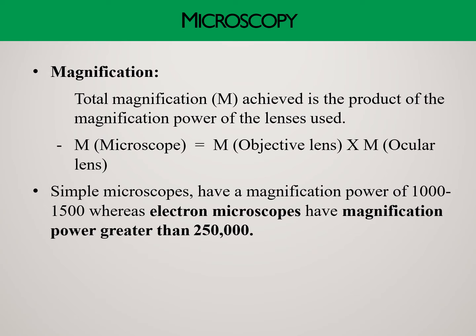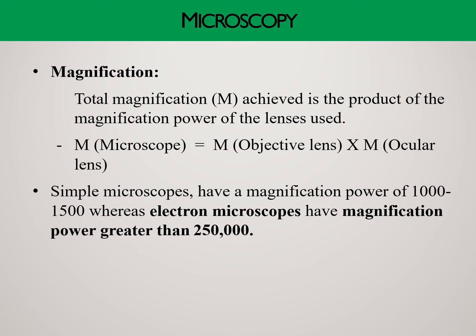Total magnification is the magnification power of the objective lens multiplied by the magnification power of the ocular lens. For example, if the objective lens is 40 and the ocular lens is 10, then the total magnification of the microscope is 400.